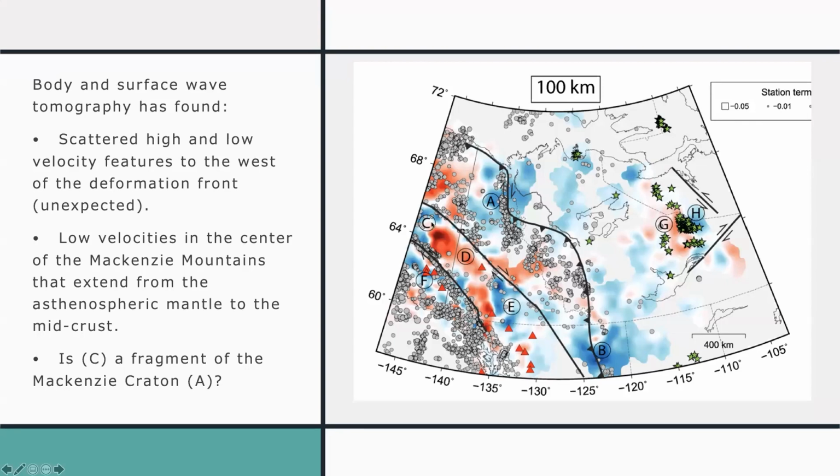And also, if I displace C 400 kilometers and account for the Cenozoic offset of the Tintina fault, C corresponds with A and E corresponds with B. So we seem to see lithospheric fragments that have been sheared off by the Tintina fault.